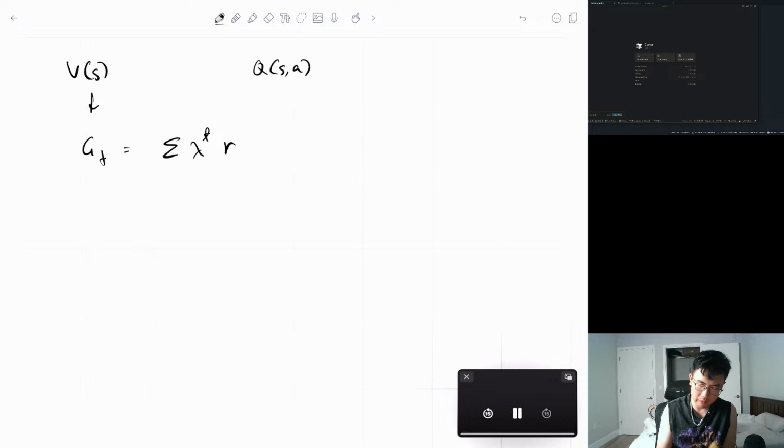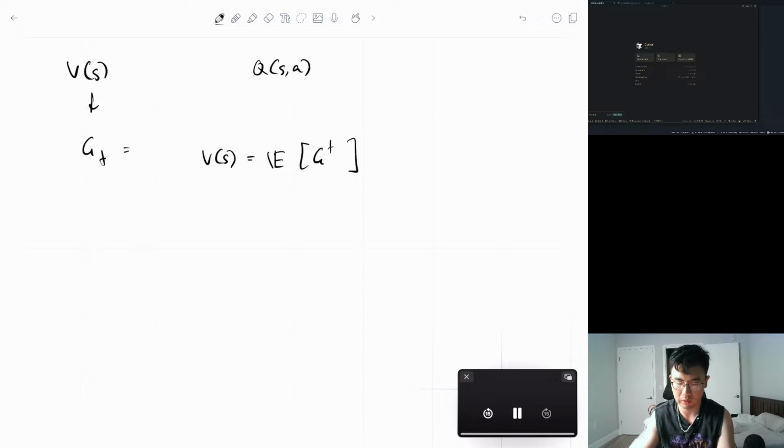G of t is the return, so V of s is equal to the expected value of G of t given S t equals s.